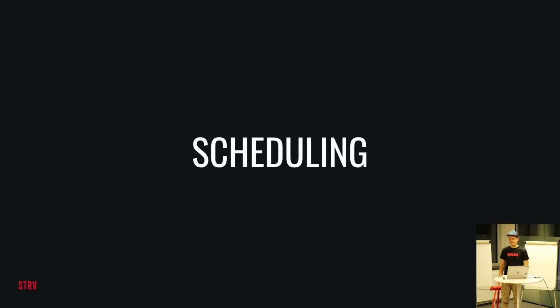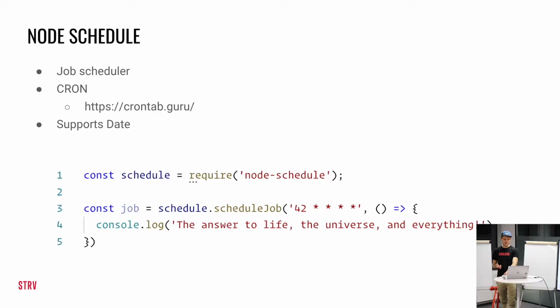Scheduling. It's another perfect example for workers. You can imagine in your application you need to do periodical jobs, like, I don't know, clean up your database, put it into a different type of storage, repeat, every day at midnight. So you can schedule your job to run at the exact time you want. And for this, we have a couple of solutions.